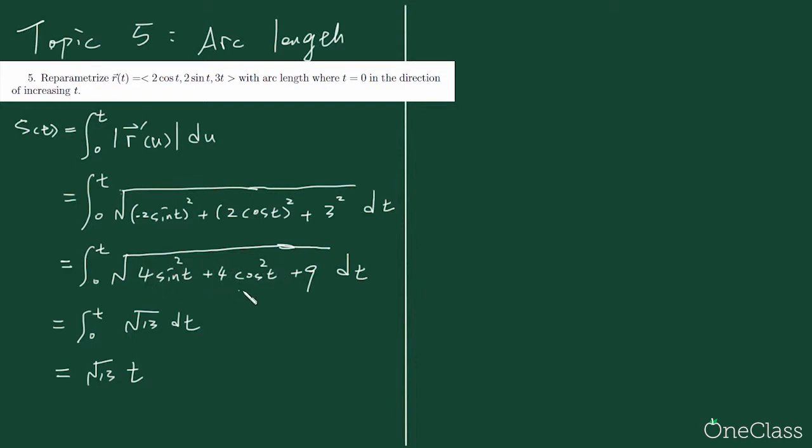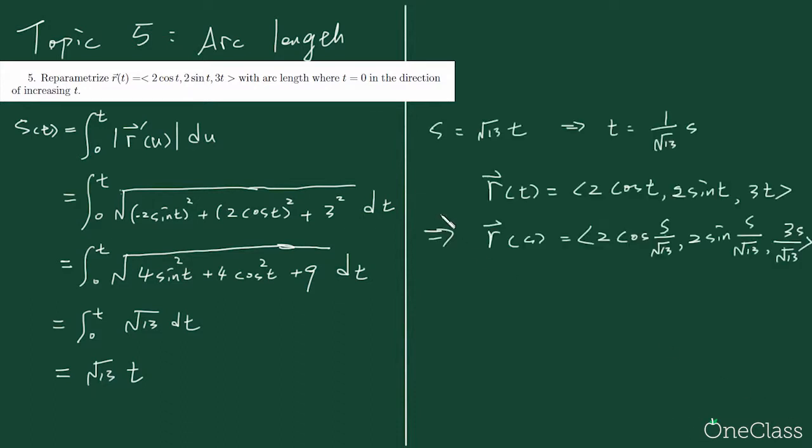We know this is equal to 4, and then plus 9, we get 13. Eventually we have s(t) equal to the square root of 13 times t. Therefore, the length s is equal to the square root of 13 times t, which we can conclude means t is equal to 1 over the square root of 13 times s.